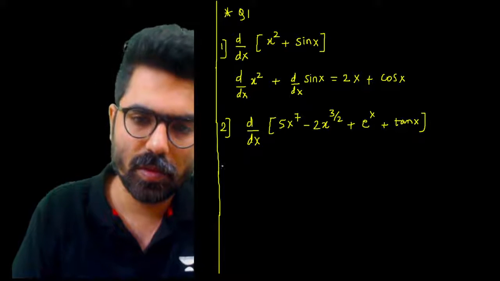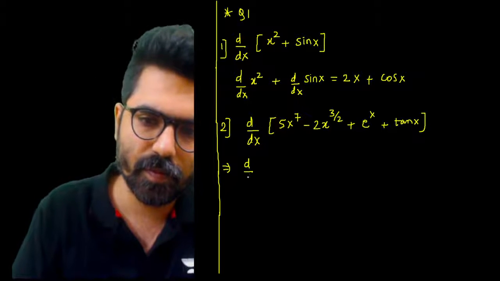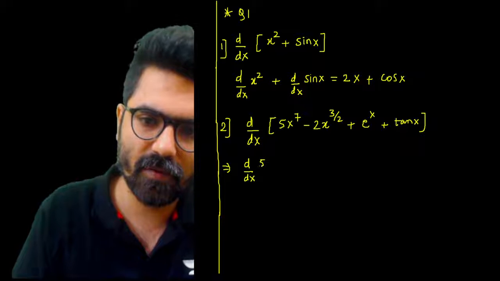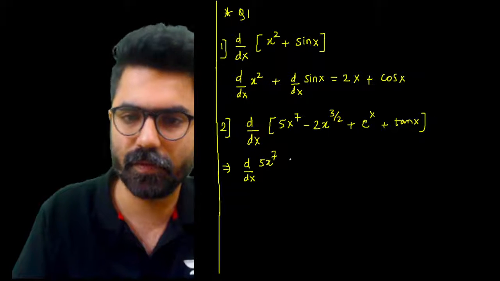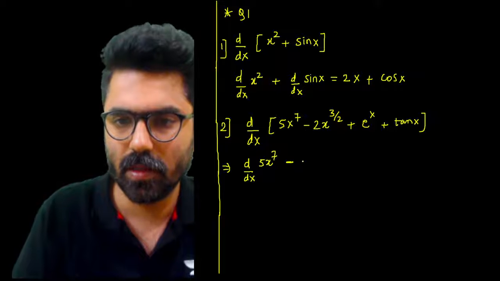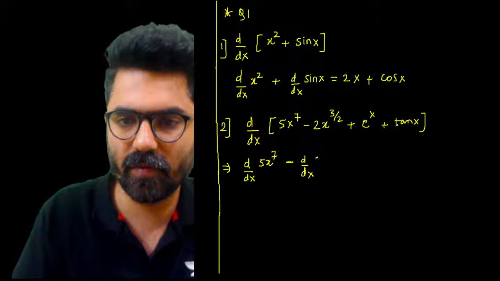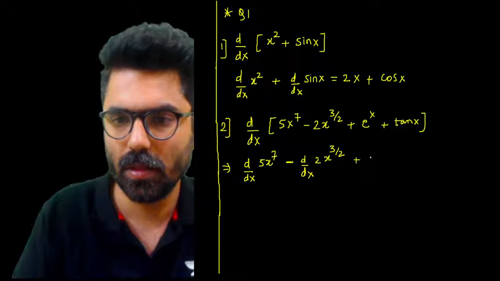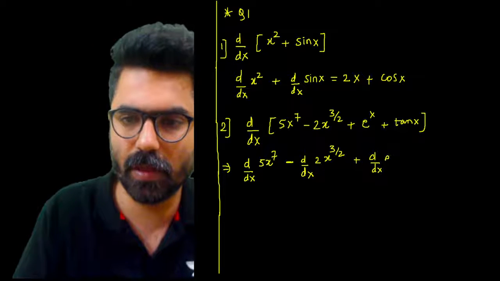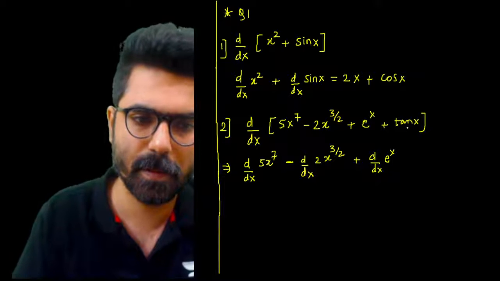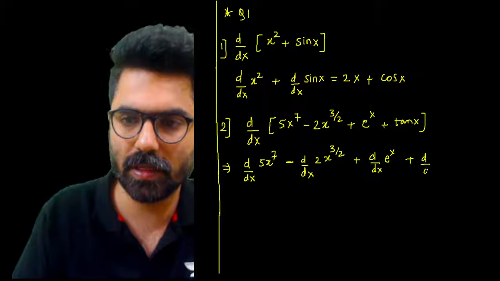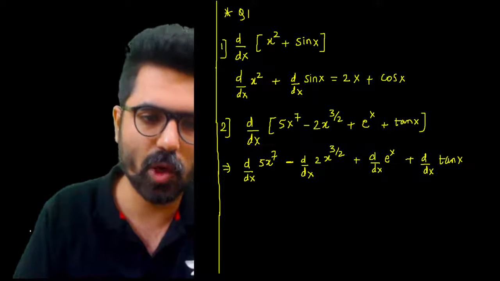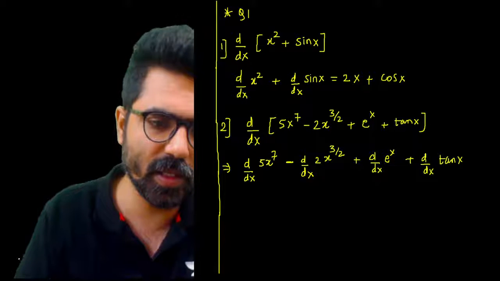The first step: derivative of 5x power 7, minus the derivative of 2x power 3 by 2, plus the derivative of e power x, and plus the derivative of tan x.